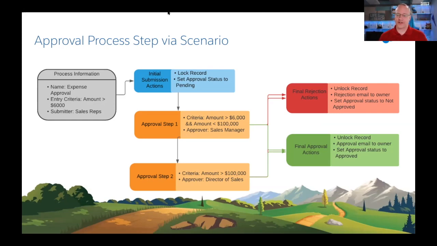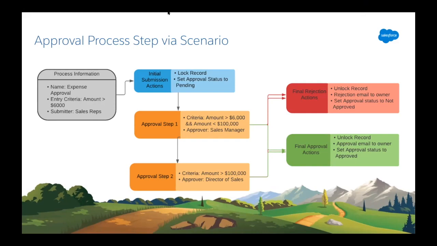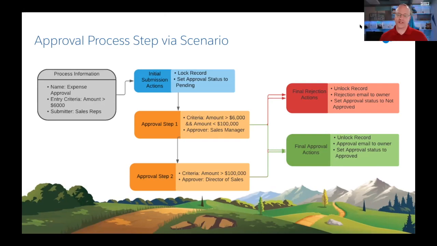So let's say our scenario is a $150,000 deal. The sales manager would have to approve that first before it goes to the director of sales, but it would ultimately have to be approved by the director of sales. Is that correct? Yep. That's what I was talking about. But if it's, let's say, 85,000, then the sales manager could approve it and it would be final.